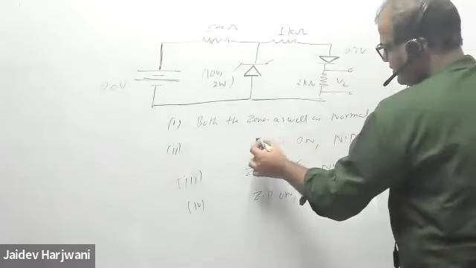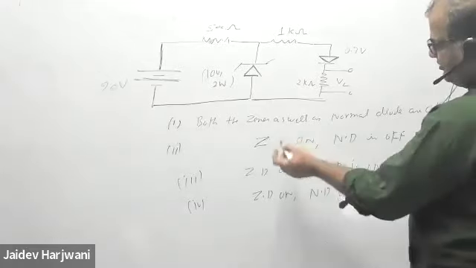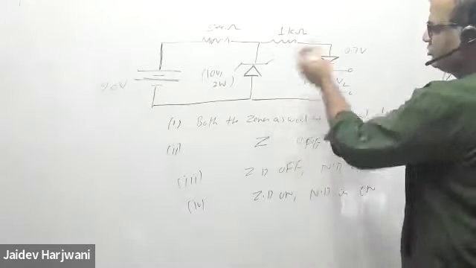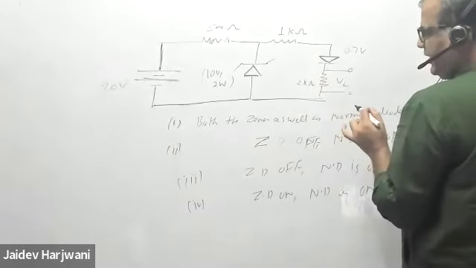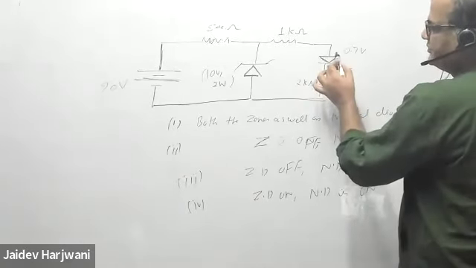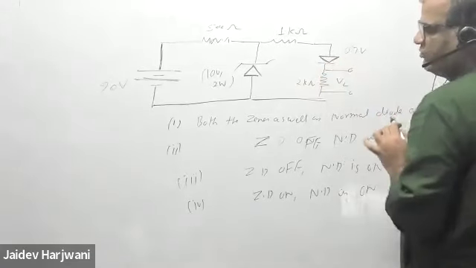So now, first possibility, I say both are off. Let us check if both can be off. If both are off, no current will flow here. And this normal diode just requires 0.7 volt.